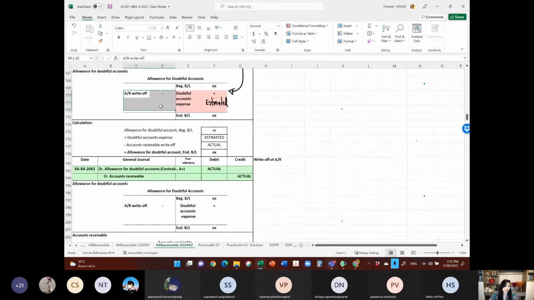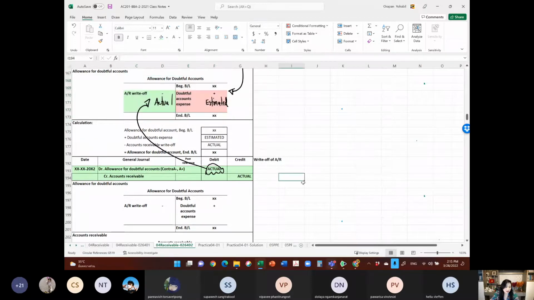So over here, the allowance will be decreasing because of this. So this is actual. You can see that the allowance will be increased with the estimated number and decreased with the actual number: increase with the estimate and decrease with the actual.